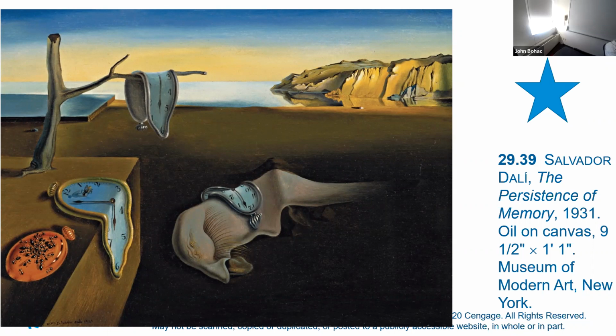This is a thread that's been running through art. Francisco Goya, the sleep of reason produces monsters. We see Gustave Courbet, show me an angel, and I will paint it. Well, he actually had the key to this whole question.